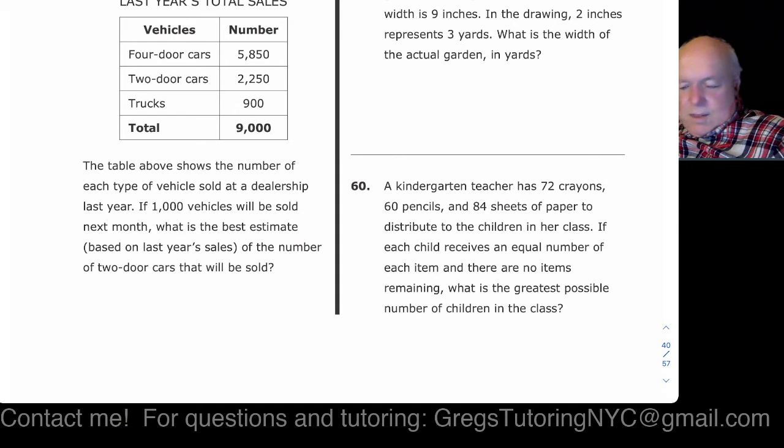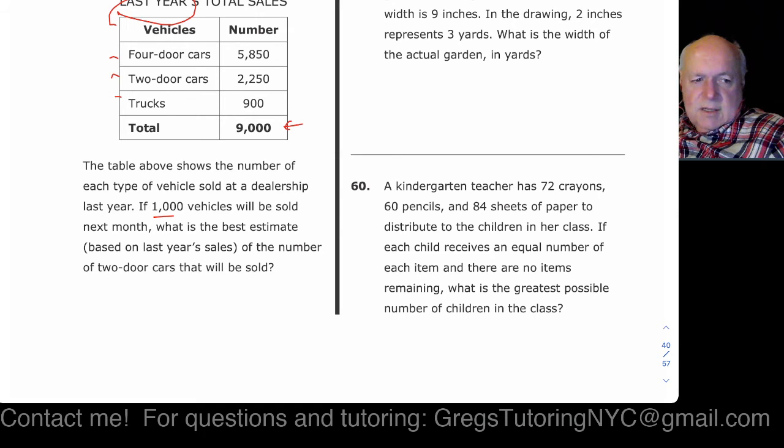All right. So it says the table above shows the number of each type of vehicle sold at a dealership. If 1,000 vehicles were sold next month, this is representative of 9,000, but if 1,000 were sold next month, what is the best estimate, based on last year's sales, of the number of two-door cars sold?